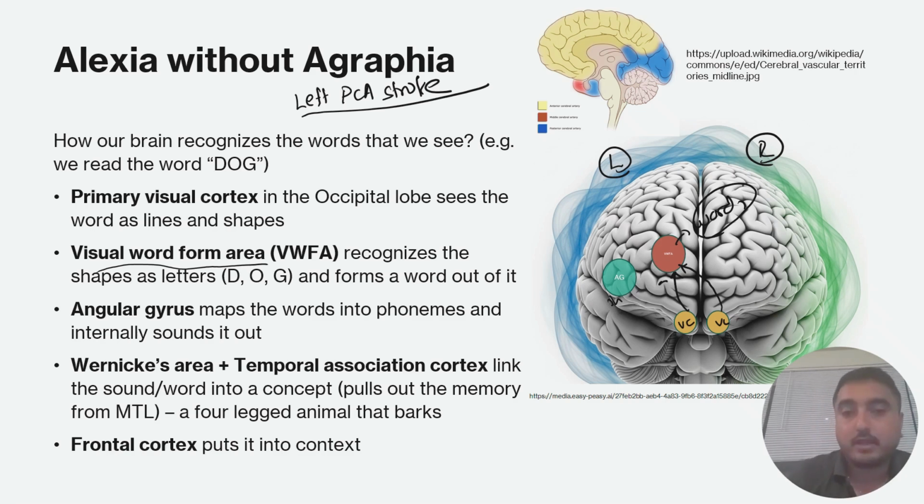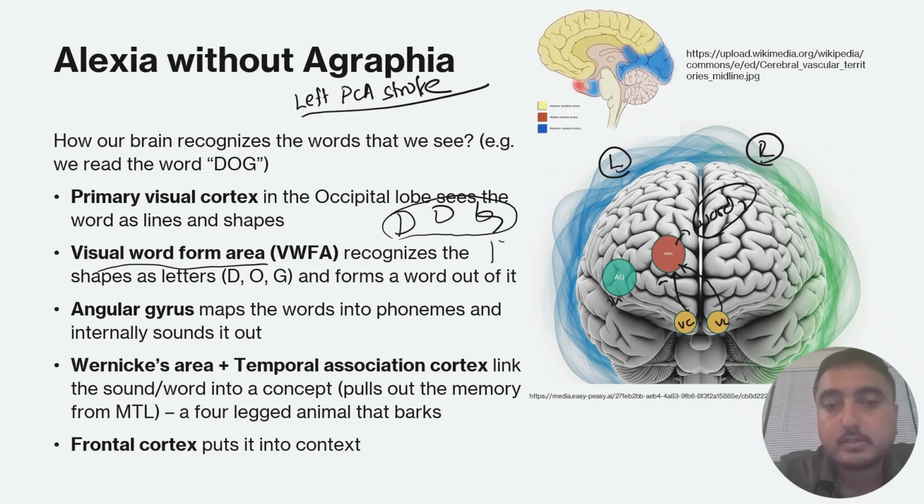So I'd like to draw an analogy here. Suppose you see the word dog. So what visual cortex does is it just recognizes this word as lines, shapes. All right, so it would recognize that this looks something like this, but it does not recognize what it actually means. So what happens after that is the visual cortex from both the sides communicate with the VWFA and recognize that the thing that is written is a dog.